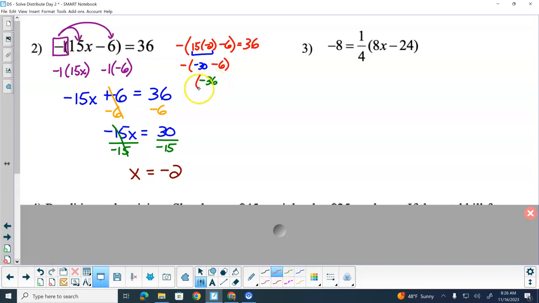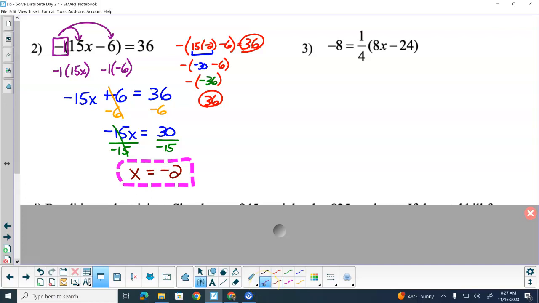Negative of -36, positive 36. And is positive 36 equal to positive 36? I hope so. So we get -2. Okay? That's good.